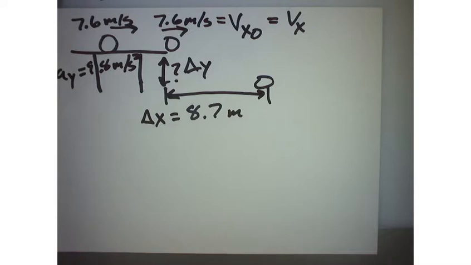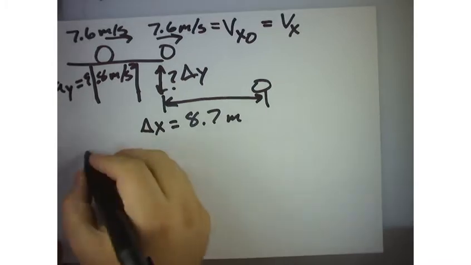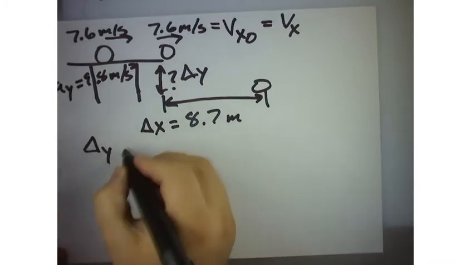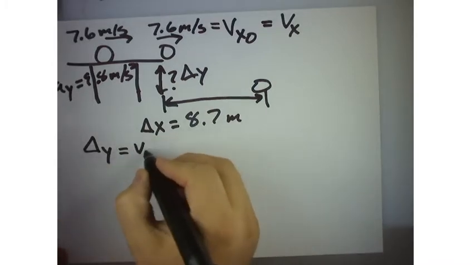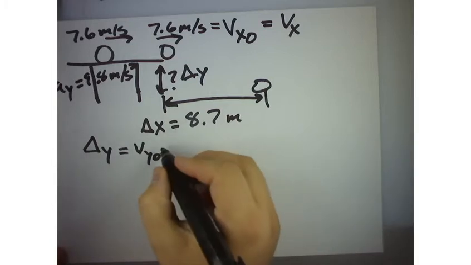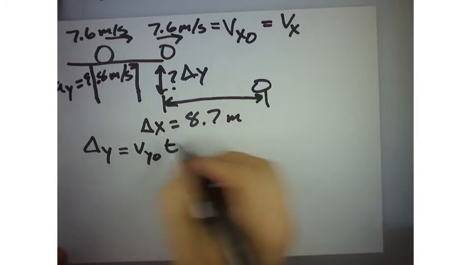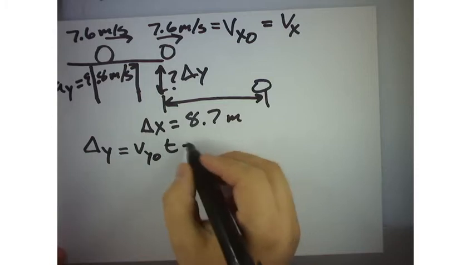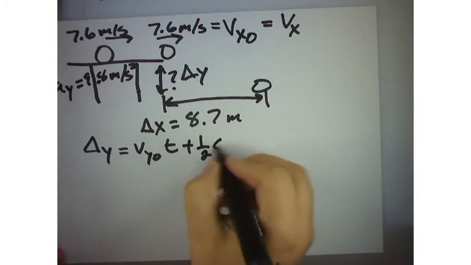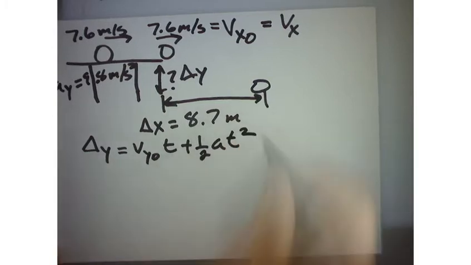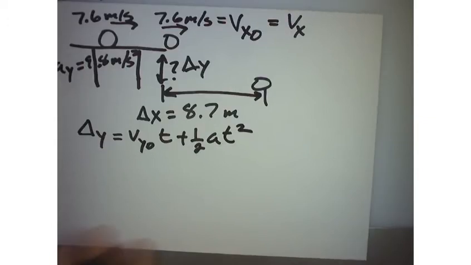Oh, and then somebody said an equation for delta y. All right, so one equation I can use for delta y, I think, would be, couldn't I use this one for delta y? Delta y equals Vy naught times t plus 1/2 times the acceleration due to gravity times time squared.